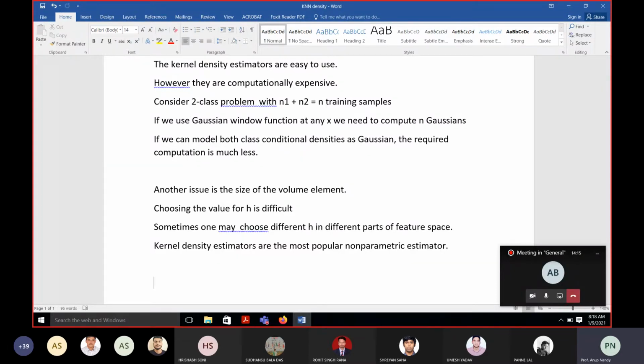Okay, and the next thing is that we'll see a different approach to non-parametric density estimation, which is the nearest neighbor approach.